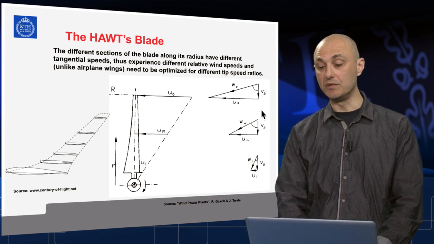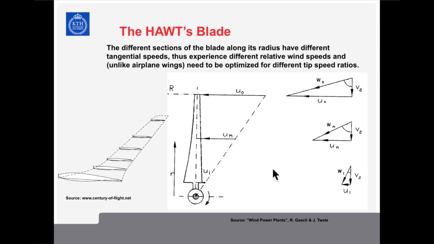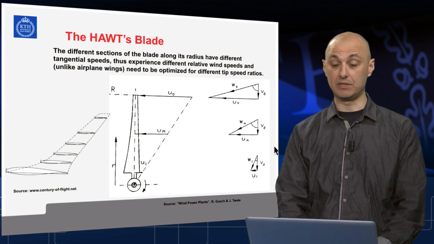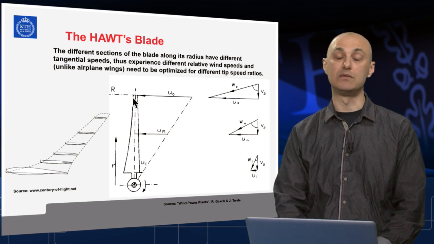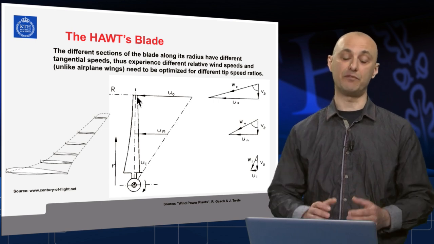Now the V2, the speed of the fluid reaching the blade, being the same, but the translational velocity being different, produces completely different velocity triangles, which forces us to dimension this blade by looking at the different sections, each of them having different profiles.